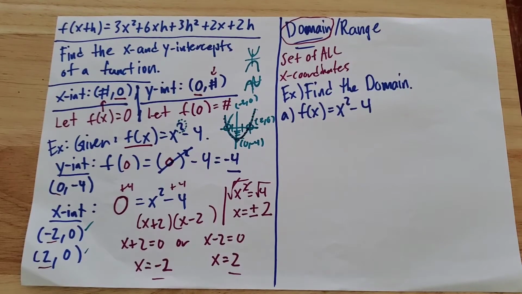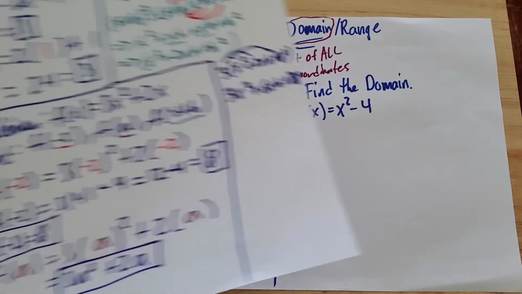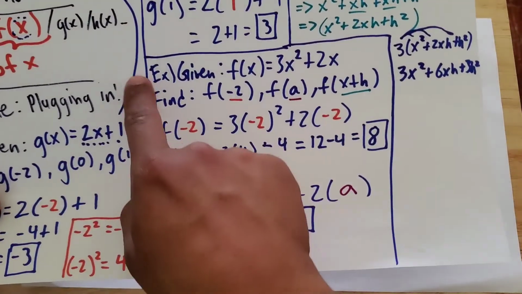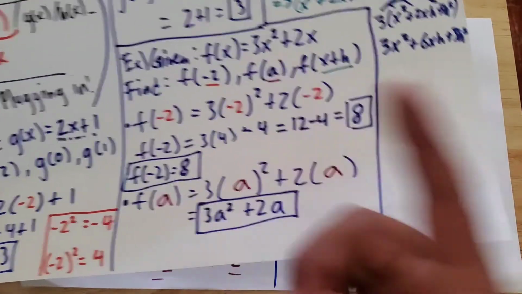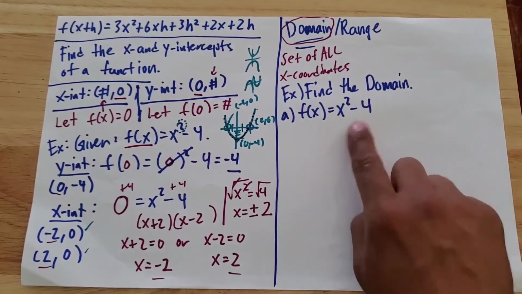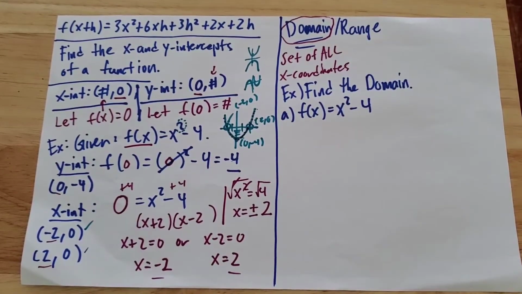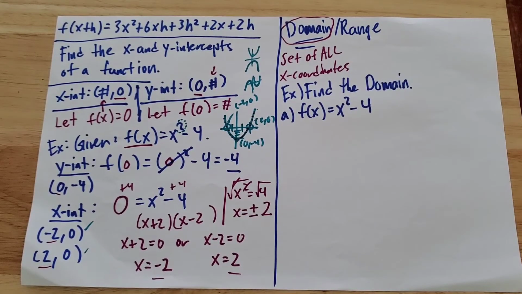For example, can you plug a negative inside of this x? Well, we did something like that earlier. We plugged a -2 in, and that was perfectly fine. I could plug a -2 in here. That's going to be perfectly fine. I can plug in zeros. I can plug in a fraction. Even though it's going to look ugly, I can still plug it in.